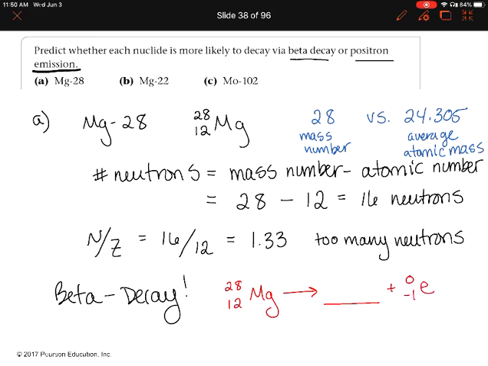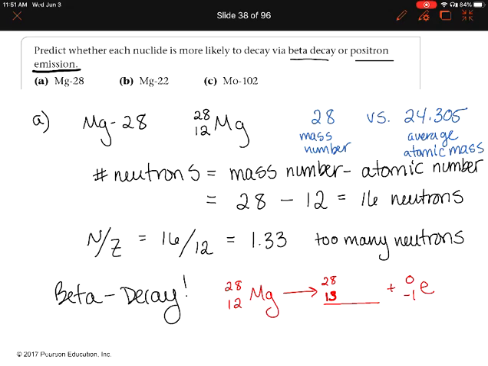Okay, so the mass number for our daughter nuclide will be the same because beta particles don't have mass. However, the atomic number is going to change. And remember, we want the atomic numbers to add up to the same thing on both sides. So, what is the new atomic number? It would be 13 because 13 minus 1 equals 12.